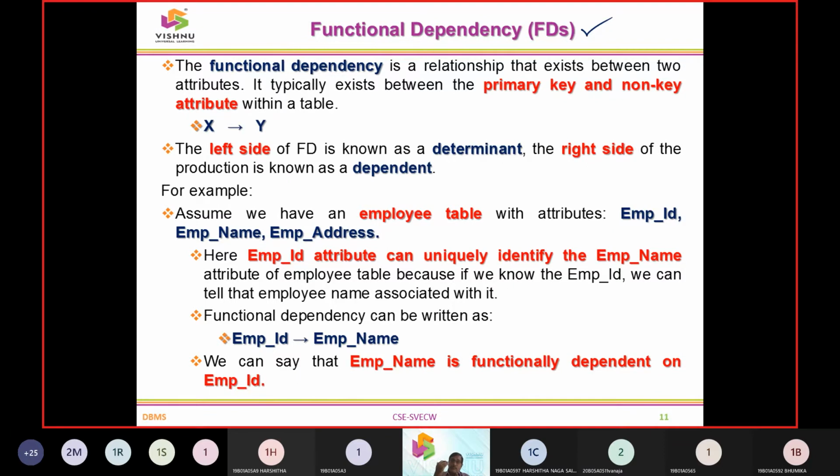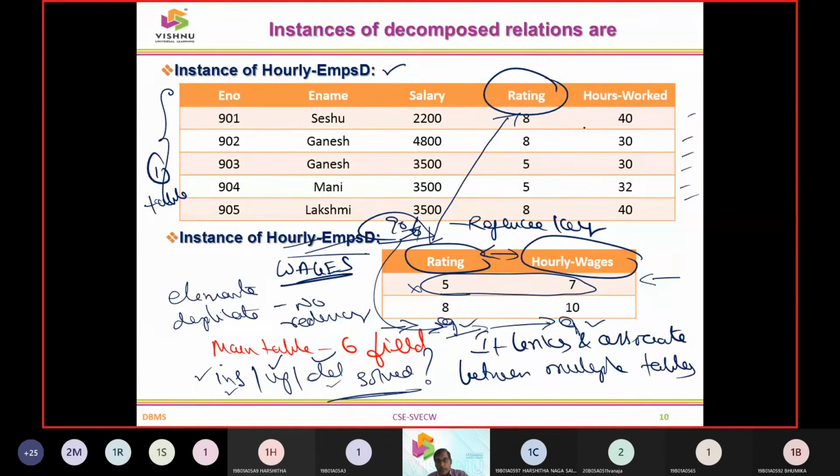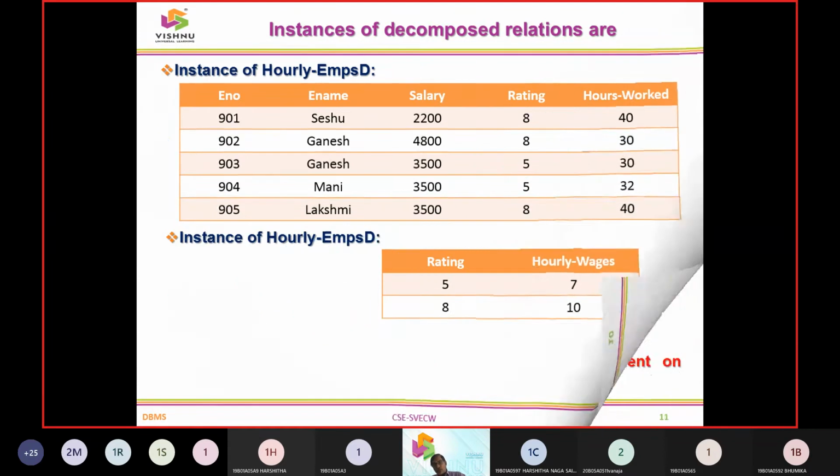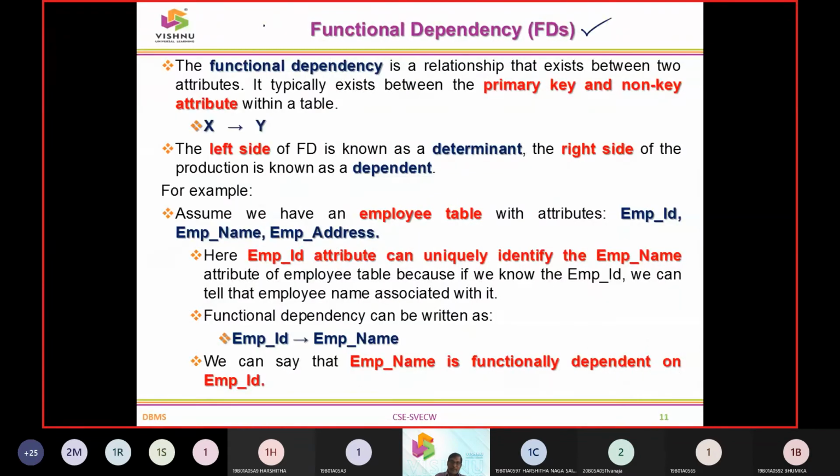Now, what was the theory behind decomposition? You have taken a decision: rating can be a reference key, and the table can be divided. How did you take that decision? Why did you take the decision? It is because of applying functional dependency.